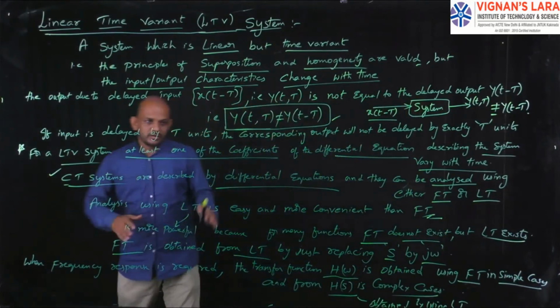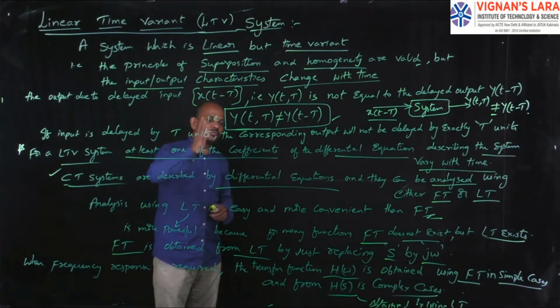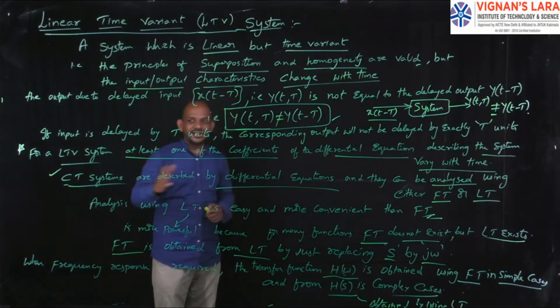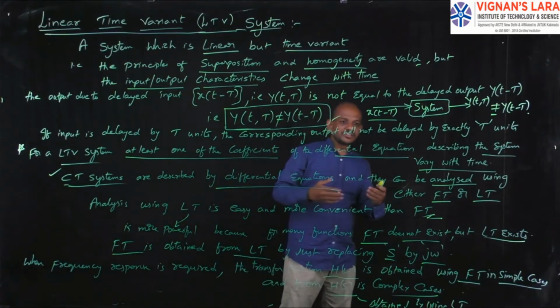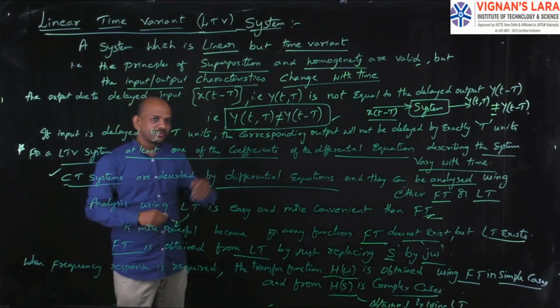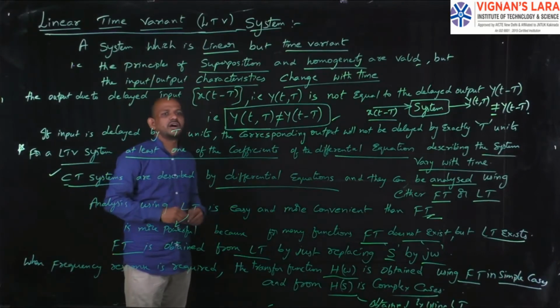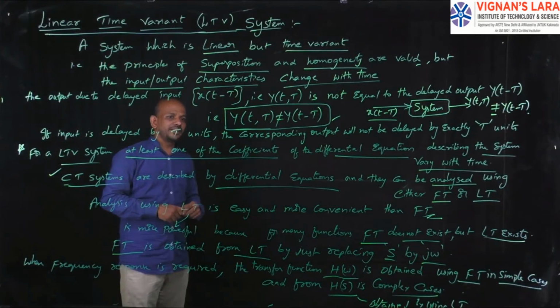So this is the topic regarding linear time invariant systems, and the analysis of these systems by using Laplace transform and Fourier transform, and which one is more convenient, more powerful and easier for the analysis. Okay.